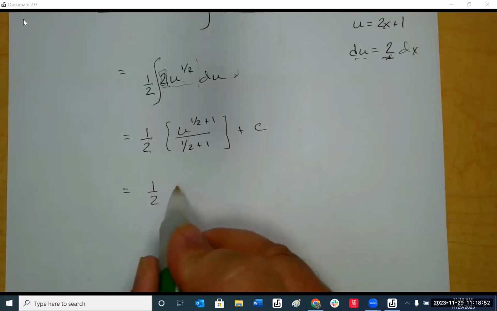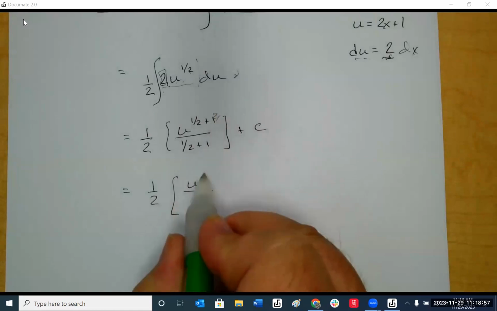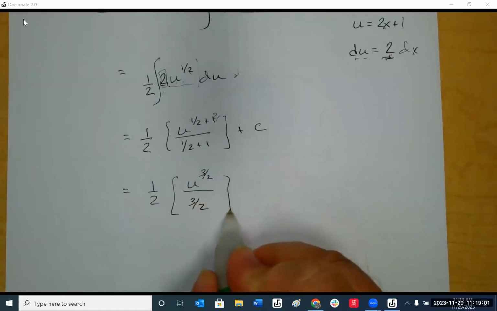So 1/2 plus 1, this is 2 over 2, so it's 3 over 2. 3 over 2.